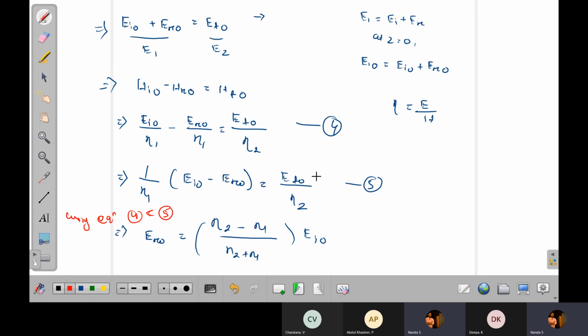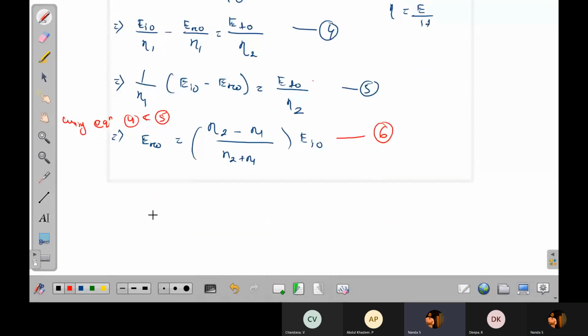You can put ET0 by eta 2 here, so that solving that we can get this answer. ET0 equals, this eta 2 will be multiplied here, eta 2 divided by eta 1 into this one. So just putting these values here, it can be solved in this way. Let this be equation 6.